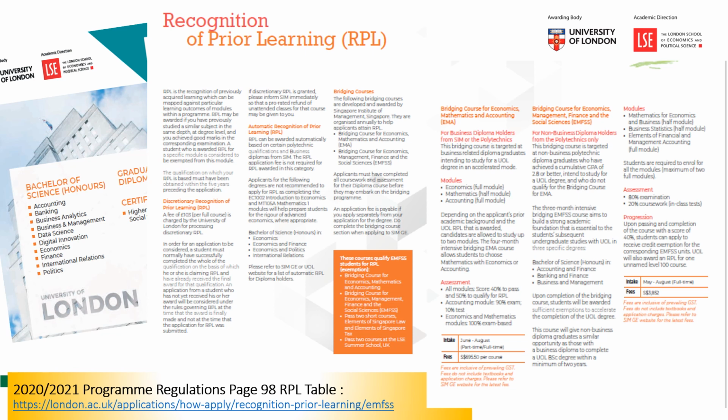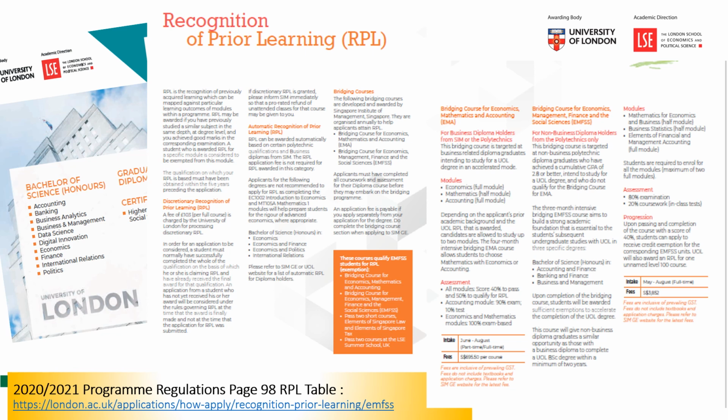So if you are taking SIM bridging courses and pass the required examination, then you will be given exemptions according to the University of London regulations. Okay, and with the exemptions, some students might be able to complete the degree instead of 3 years, within 2 years.